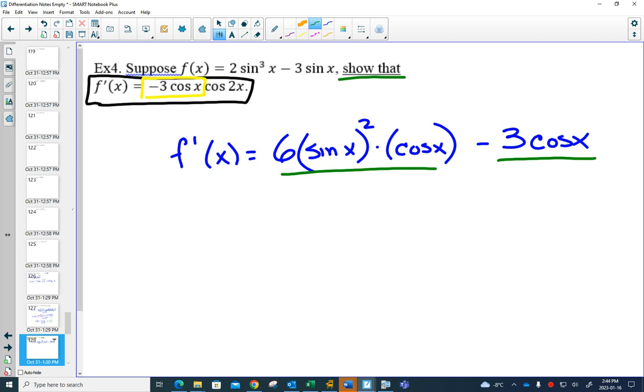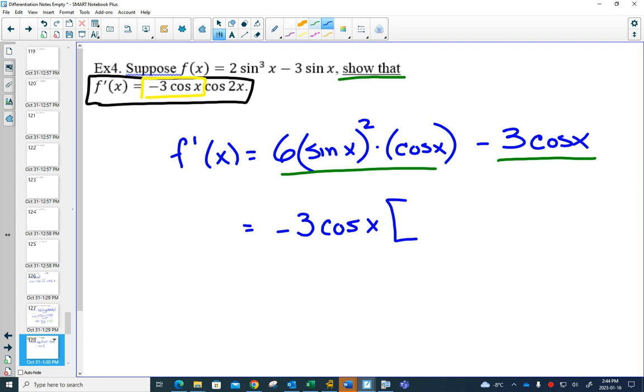So I can factor. And when I factor, because I have a minus 3 cosec's in the answer, most typically, when I say, hey, what's in common between these two? Students would say, there's a 3 and a cosec's. Right? But in this situation, I'm going to factor out a negative 3 and a cosec's, because this one has a negative 3 and a cosec's.